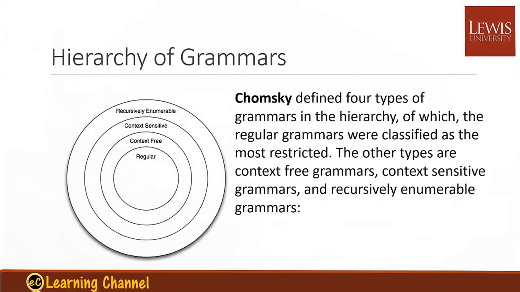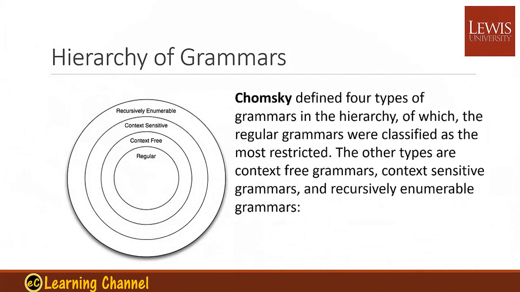And we do the Chomsky grammar family. Chomsky defined 4 types of grammar in the hierarchy, of which the regular grammar is classified as the most restrictive. So it actually has different families of the language, and I just teach you in a simpler way.